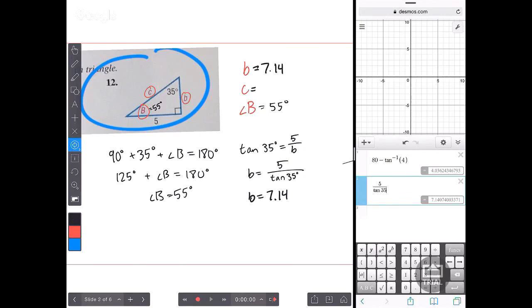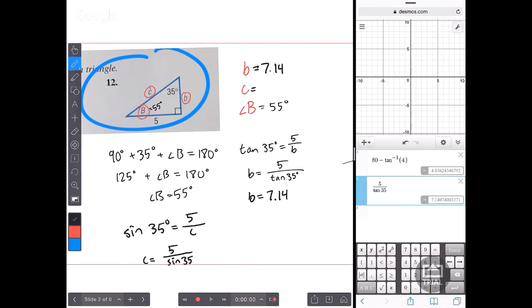So I'm going to go ahead and say, all right, using my 35 degrees, I know that the opposite is 5, and I want the hypotenuse. So I'm going to go ahead and rely on my sine ratio. The sine of 35 degrees is equal to the opposite side 5 over the hypotenuse C, which means C equals 5 over sine 35.